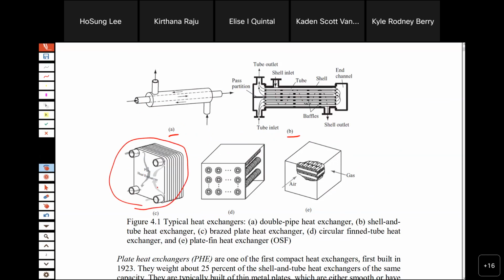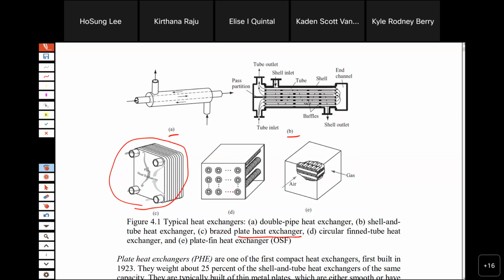You can see this type anywhere, such as swimming pools and heating, because it is compact and small. Rather than shell and tube, they prefer this type. They call it the plate heat exchanger. There is a braze type and other types.